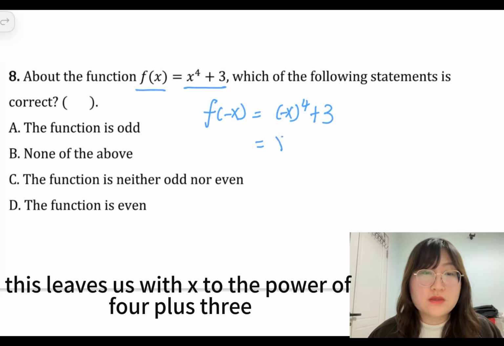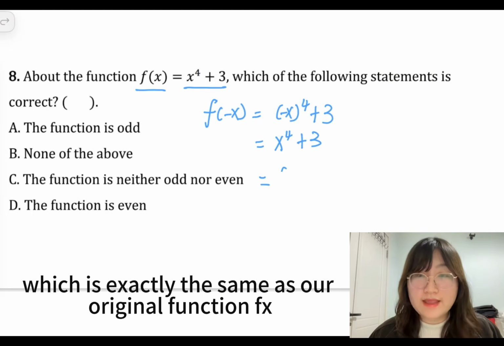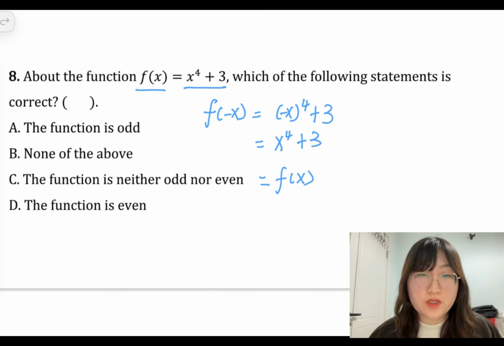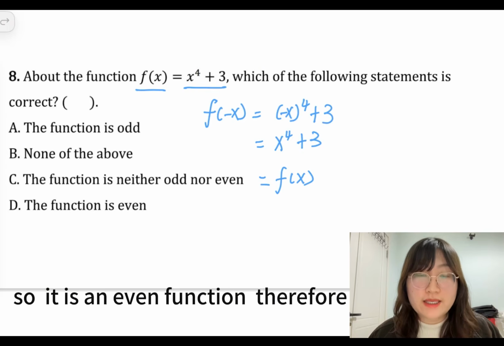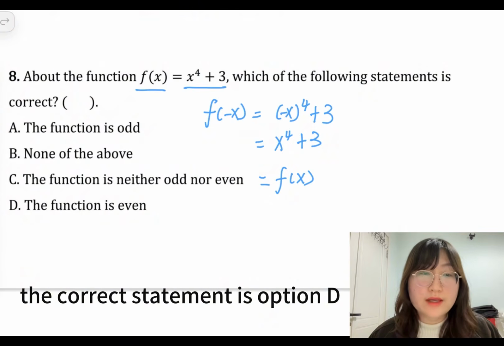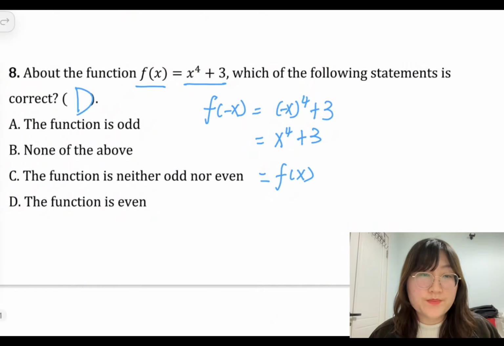This leaves us with x to the power of 4 plus 3, which is exactly the same as our original function f(x). So it is an even function. Therefore, the correct statement is option D.